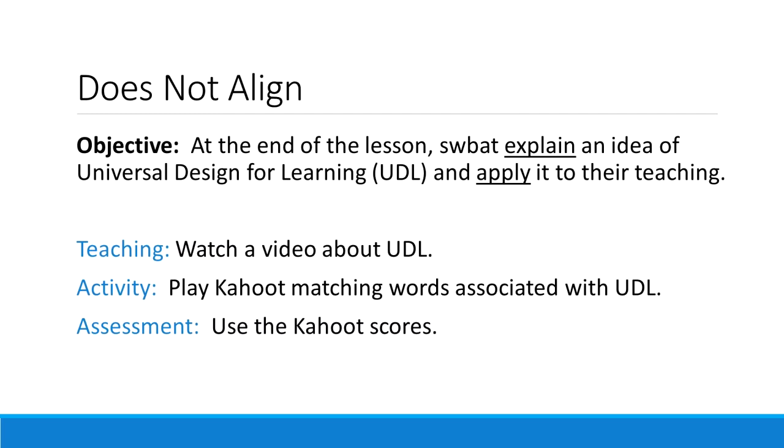My objective was that you would explain an idea from universal design for learning, and Kahoot is having you match the words associated with universal design for learning. So I could switch my activity in Kahoot and make it align, but because I'm asking you to match words instead of actually explain an idea, the activity does not align with the objective or the assessment.